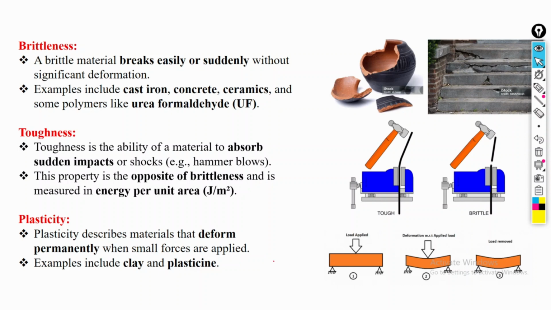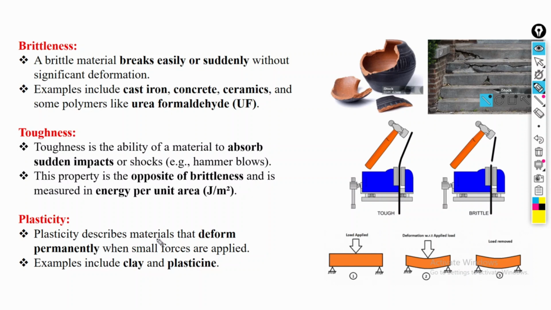So here we have this scenario. We have this metal rod, and this metal rod is supported on these two ends by supporting material. If we apply the external load on this material in this position, and it becomes bent, and if we remove this external force and the material stays in its position and does not regain its original shape, then we call it a plastic material.